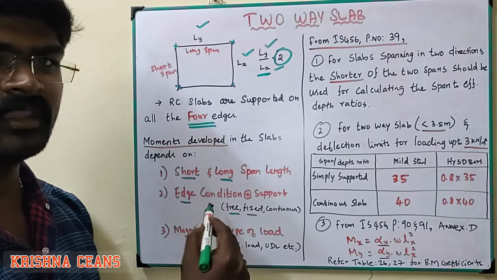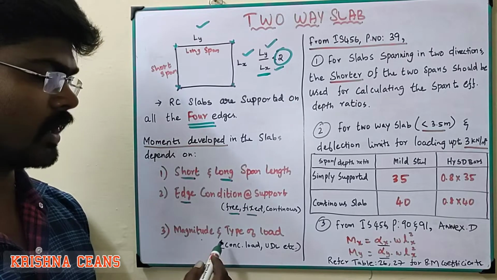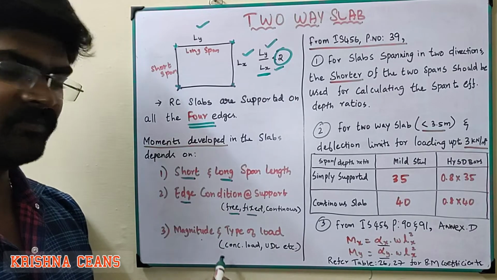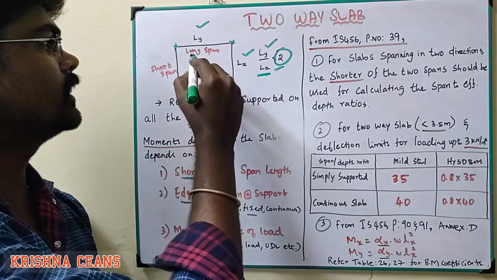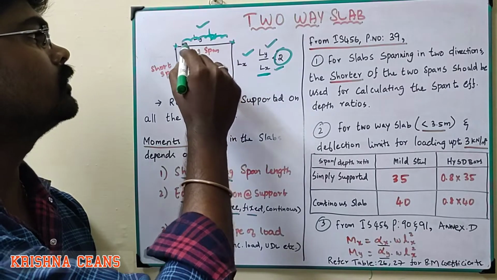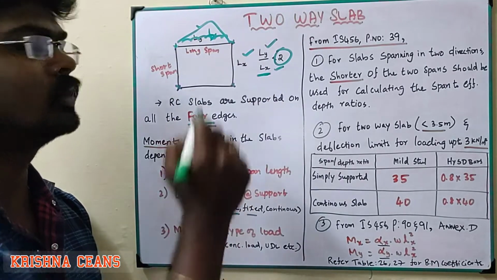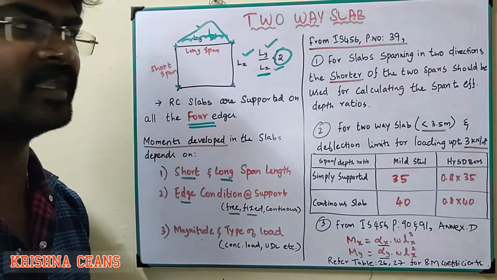So it depends upon the edge conditions at the support. Then third one, magnitude and types of load. Whether the load is a concentrated load, or UDL, or a varying load, the moment developed will vary.